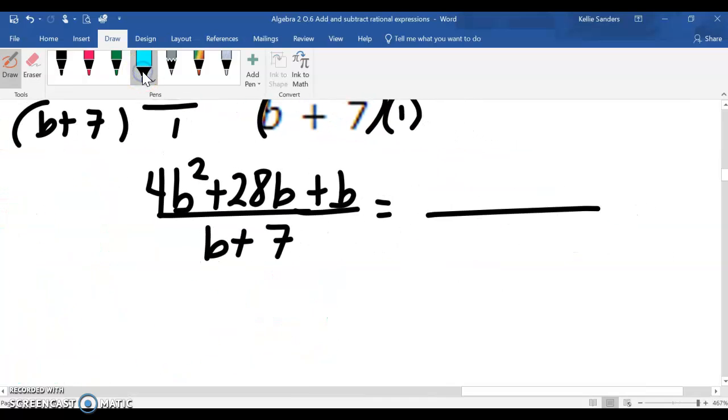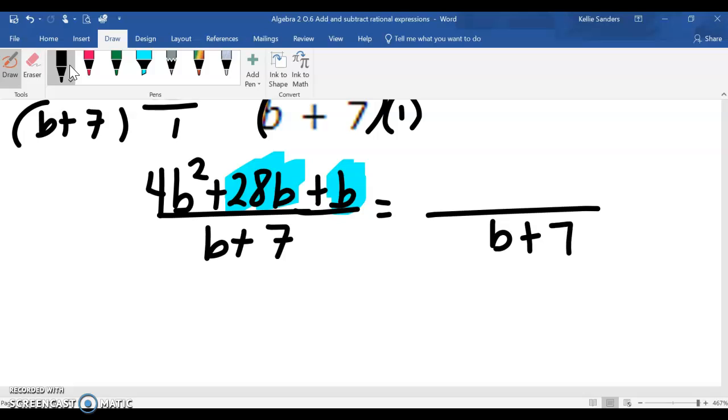Okay, like terms. Right there. So we have to make sure after we've multiplied and we put everything on top that there is or is not anything to put together. So I got to put those b's together. So it's 4b squared plus 29b.